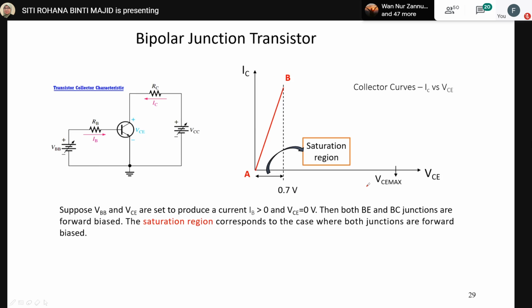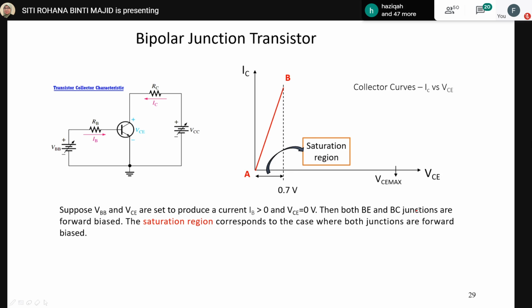This is the explanation of how saturation happens, which is when IB is bigger than 0, and it starts at VCE equals 0. This happens when the BE and BC junctions are both forward biased, so a lot of charge carriers start to move.